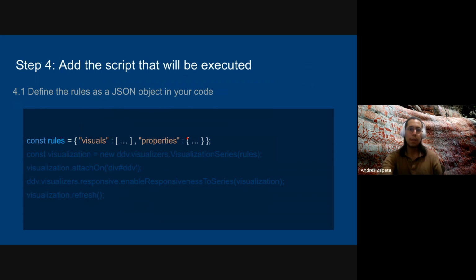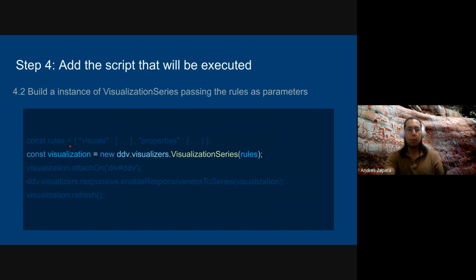Once you have this div tag placed in your website, you must define the 5 lines of code that will be executed. As you can see, this is JavaScript code. So the first line contains the rules that we defined in step number 2, and it is defined as a JSON object. After that, you will create an instance of the visualization object, and in the constructor, you will pass the rules that we defined.